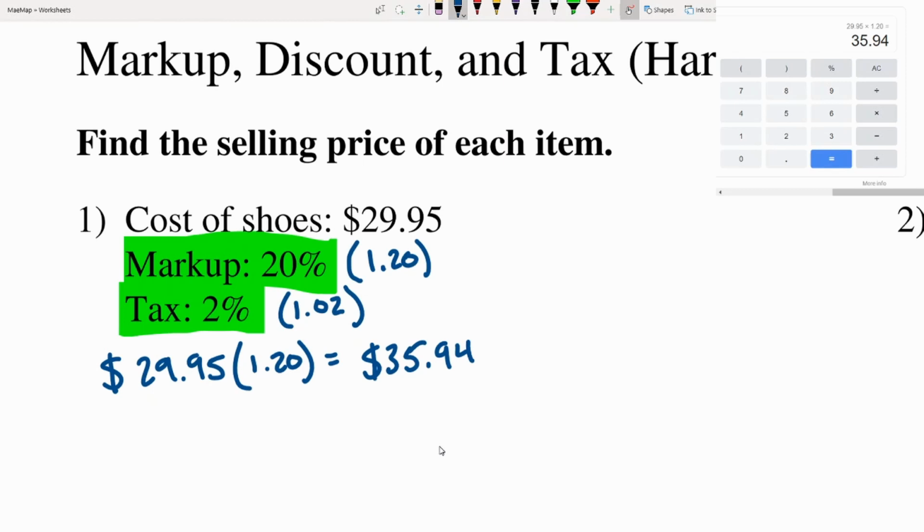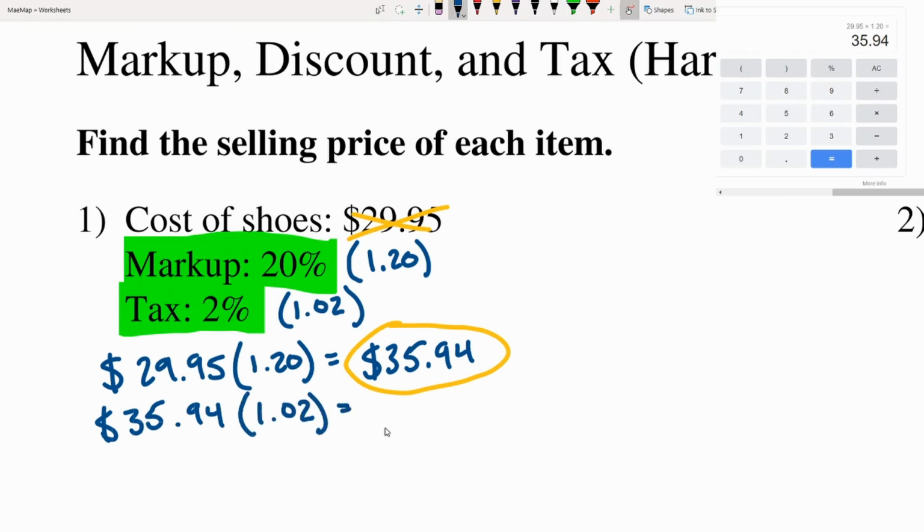Now that I have my next price of $35.94, I am going to tax this price. Not the original price, but $35.94 is now going to be taxed because we've changed that purchase price. So now I'm going to take my $35.94 and multiply it by 1.02 to tax it.